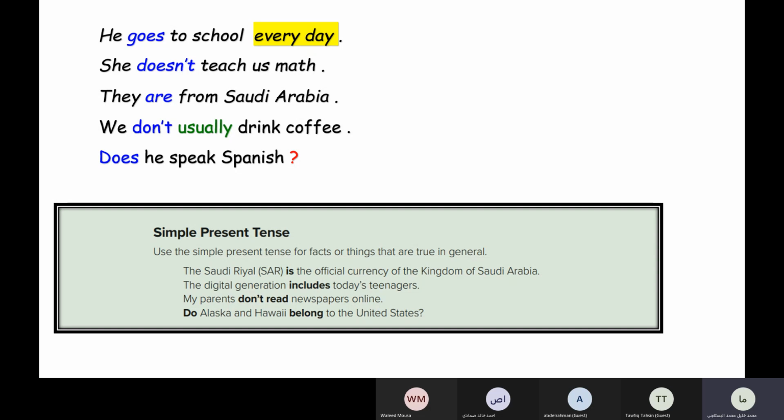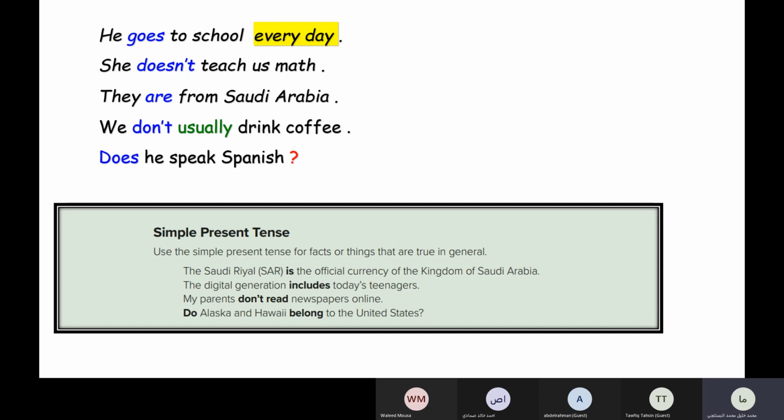So we use the present simple with habitual actions. I walk every day. Permanent situations and facts. Or habits and routines, yes. The riyal is the official currency of the Kingdom of Saudi Arabia. What do you think? This is what? A fact. I cannot say the Saudi riyal was.